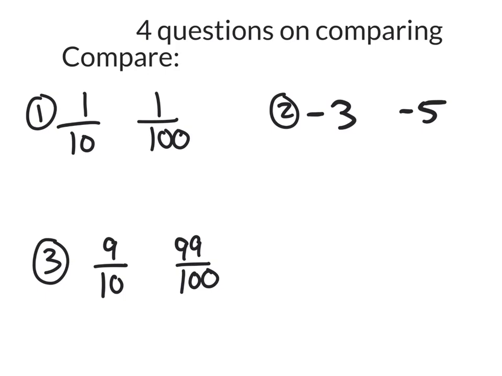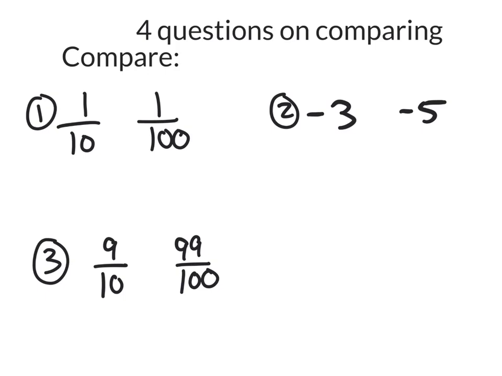So number 1, how could we compare 2 fractions? There's many different ways of comparing 2 fractions, right? Which way would you like to do to compare the fraction 1/10 with 1/100th? Division.